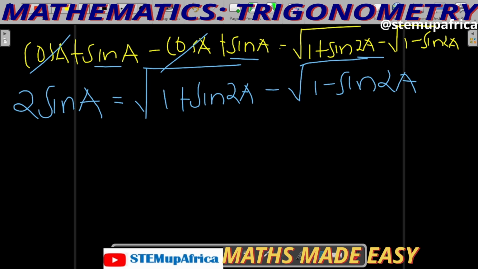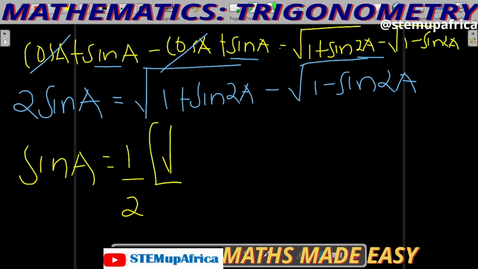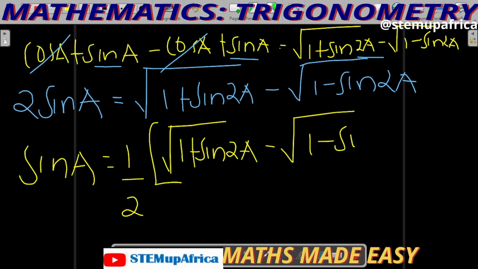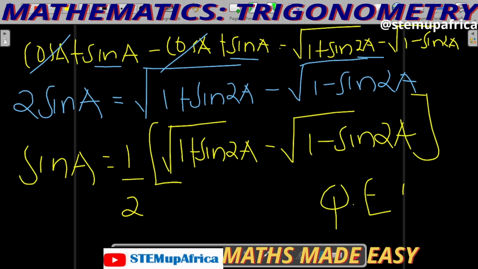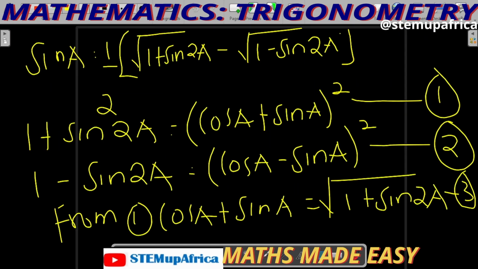So my sine A now will give me 1 over 2 into square root of 1 plus sine 2A minus square root of 1 minus sine 2A. So this is the equation the question demanded. We have achieved that also.